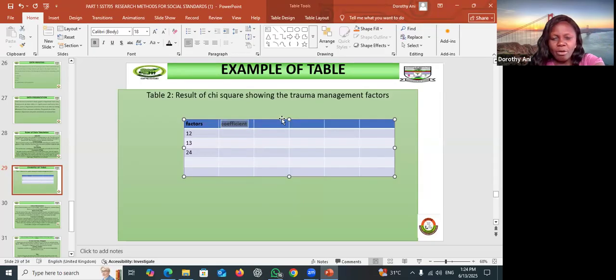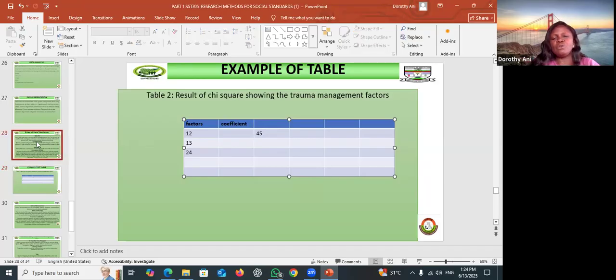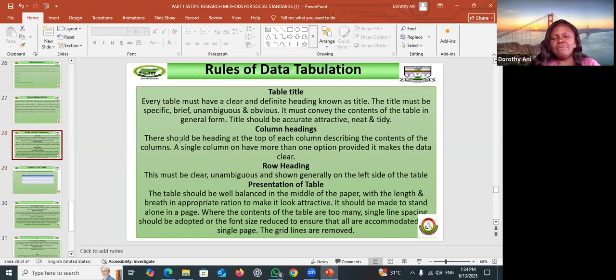For this one now, I cannot come and be typing maybe 25 or the factors or anything, or the result or the coefficient, without writing what that column represents. So it's not proper for you to just leave it open like that.